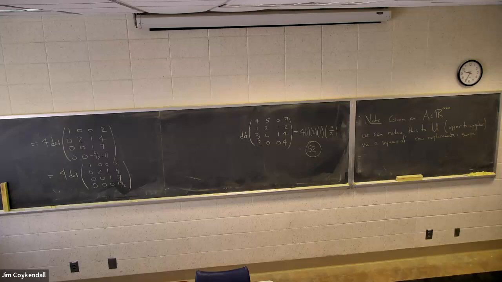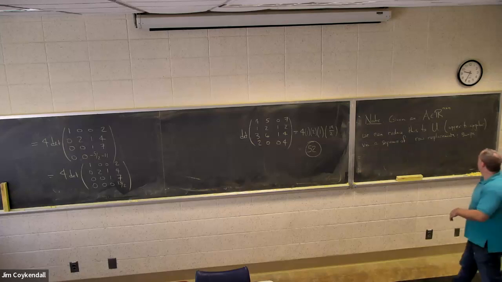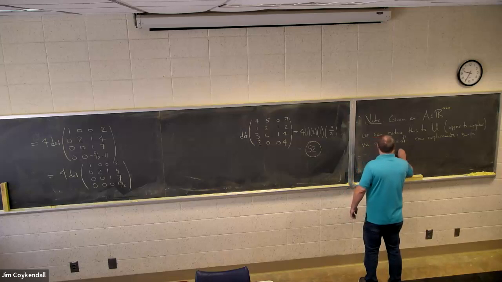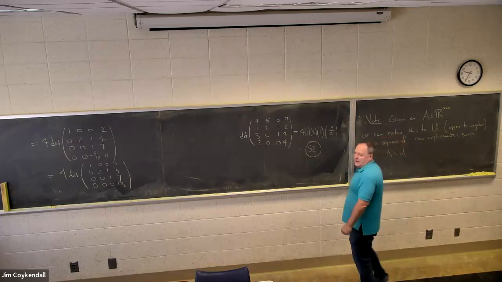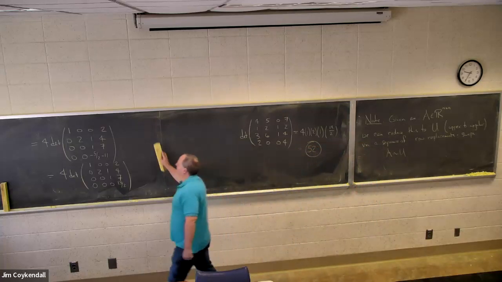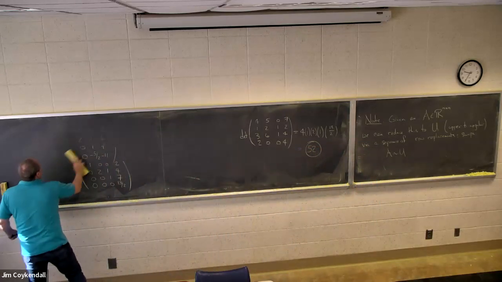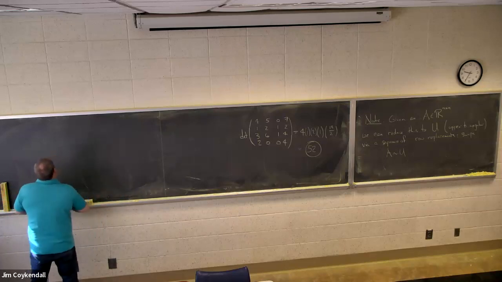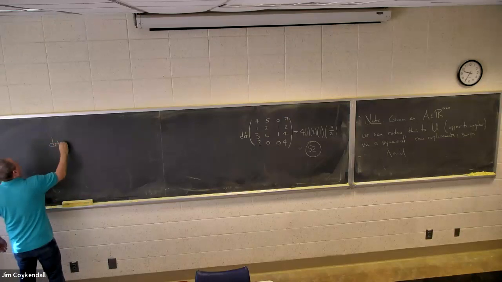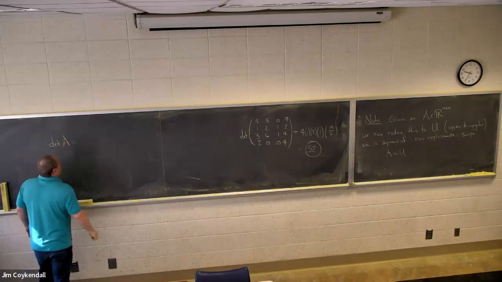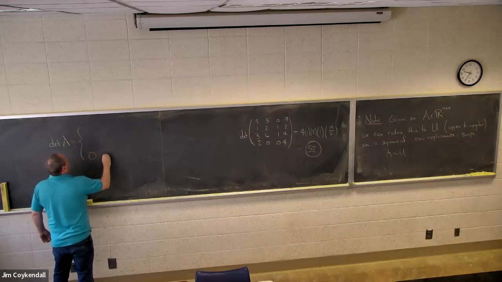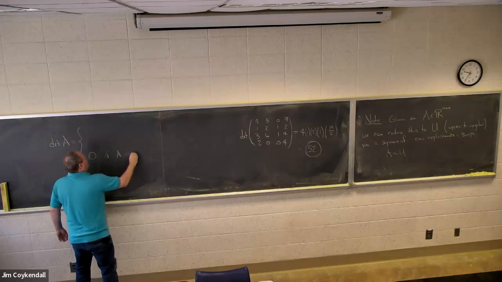I did do some scalar multiplication on the previous example, but I didn't have to, right? You can do this all with a sequence of row replacements and swaps. And if you reduce your matrix via a sequence of row replacements and swaps, then the determinant of A is equal to 0 if A is non-invertible.